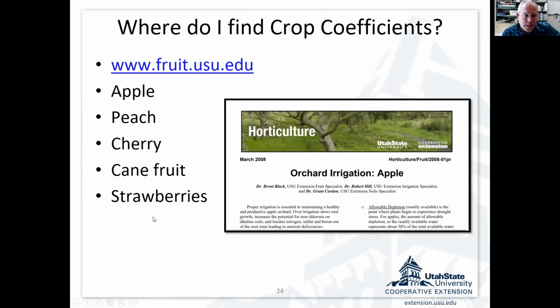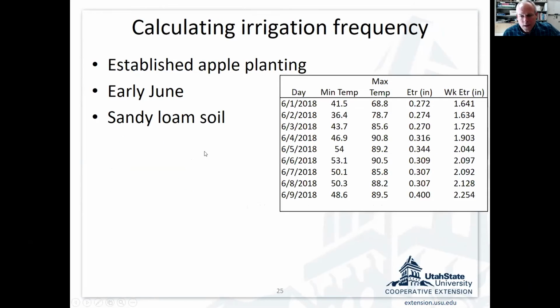Most of these we get from Agromat, the group in Washington that calculates these for a lot of the fruit crops. And if you go to their website, you can find these crop coefficients as well. So that's the other piece of the puzzle that we need to estimate how much water we're needing.